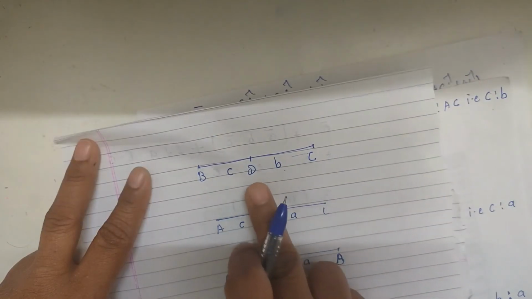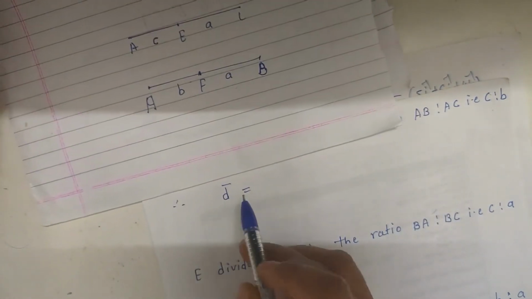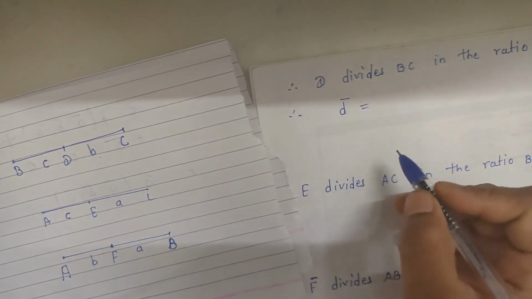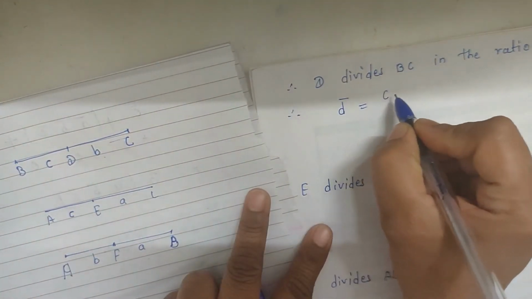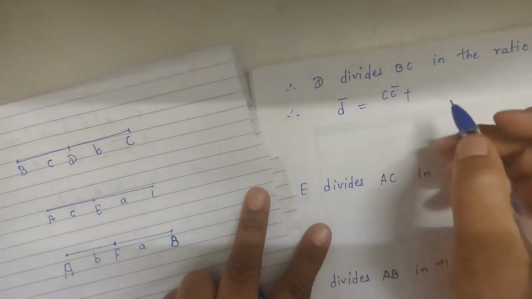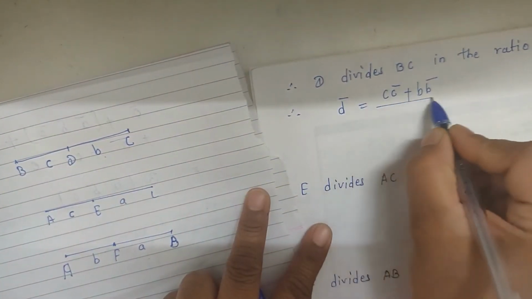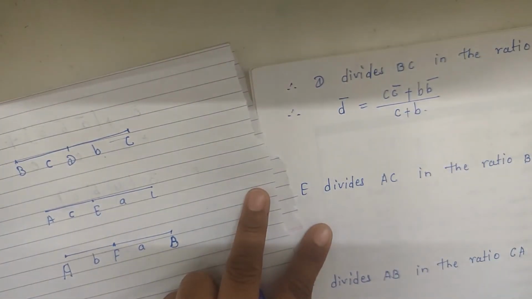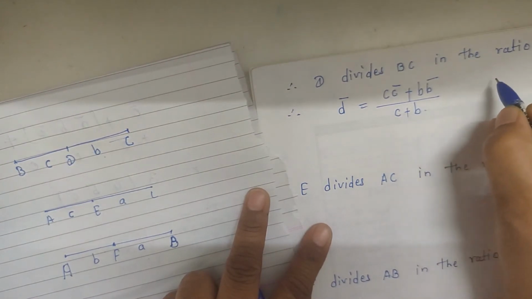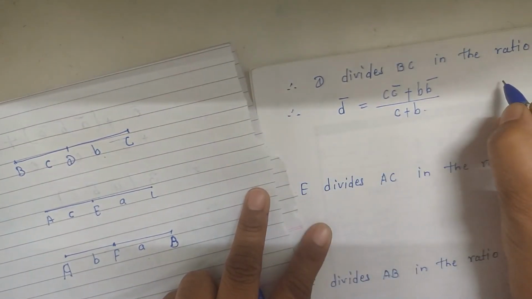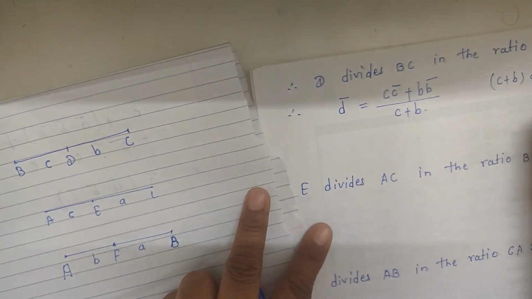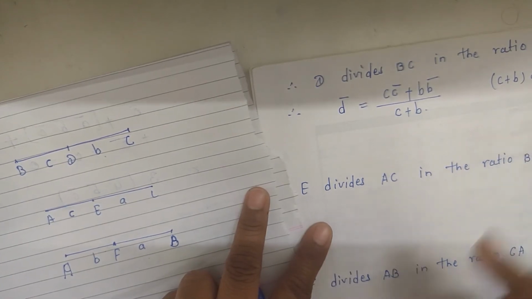You can write the position vector of D bar is equal to C into C bar plus B into B bar upon C plus B. Again we can write, by cross multiplying, C plus B into D bar is equal to C into C bar plus B into B bar upon C plus B.